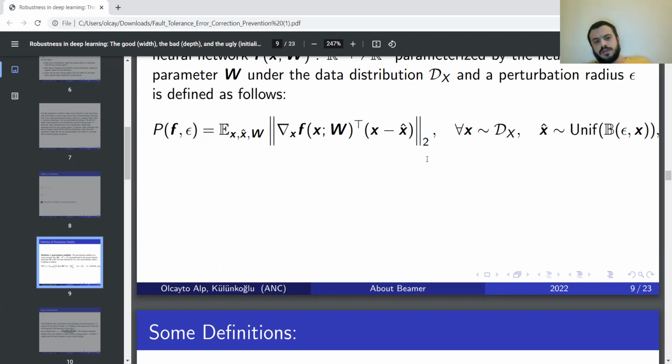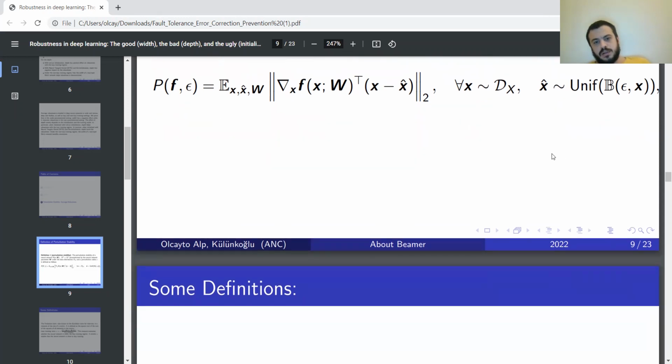Yes, this is the definition. I don't understand. What is x and what is x hat? This x hat is from the random distribution. Okay, so you find the expectation value with respect to the uniform distribution for x hat. That I understand.